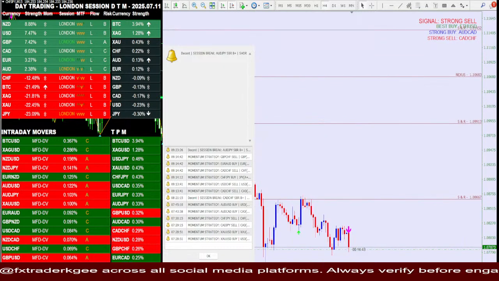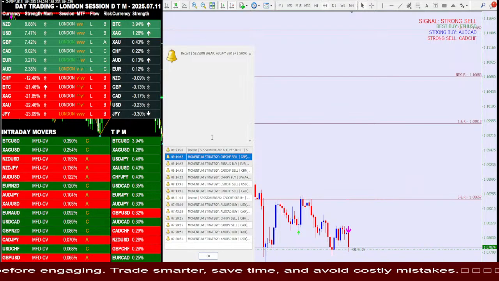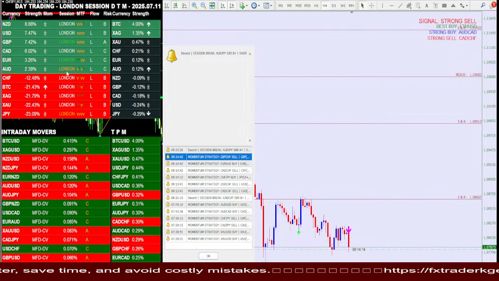So if I see the market flow, the market volume, the market momentum, the market strength, the index of each currency pair, if I see all aligned together, definitely I will go in that direction. All aligning together means the results come from here.